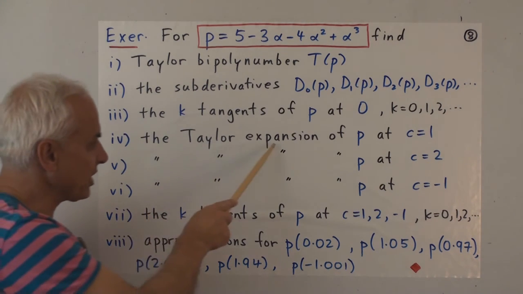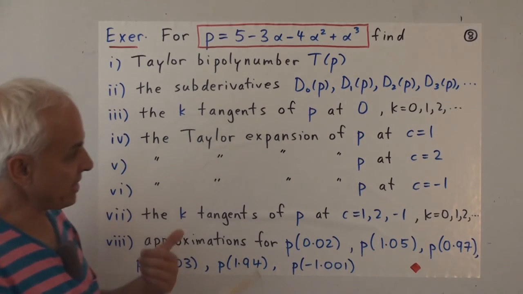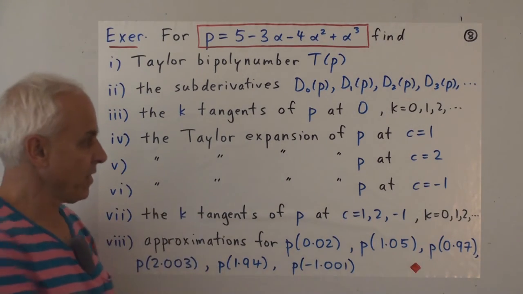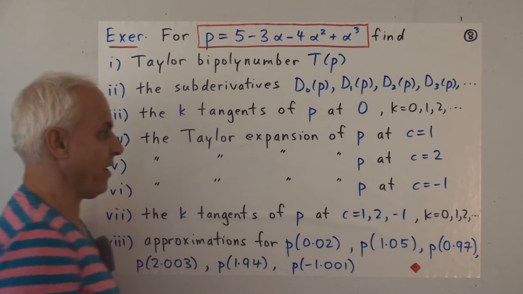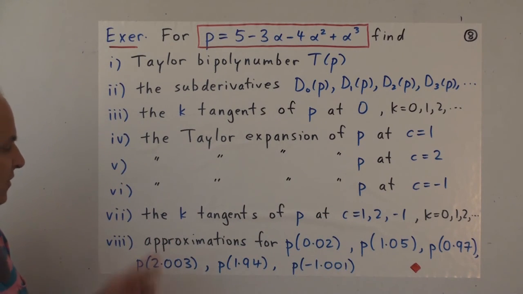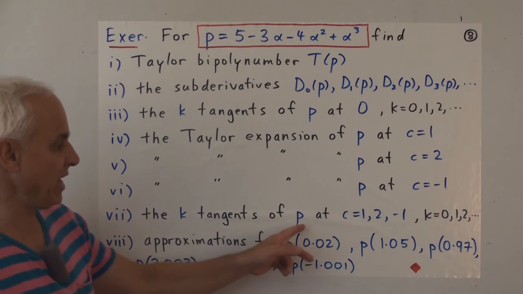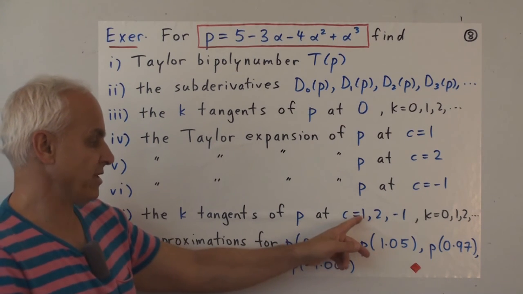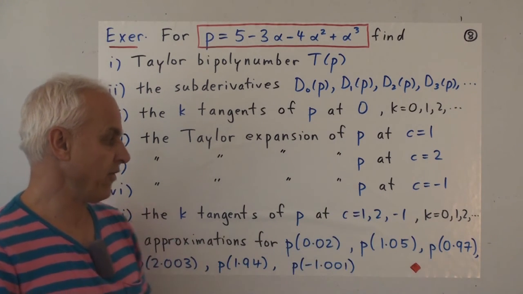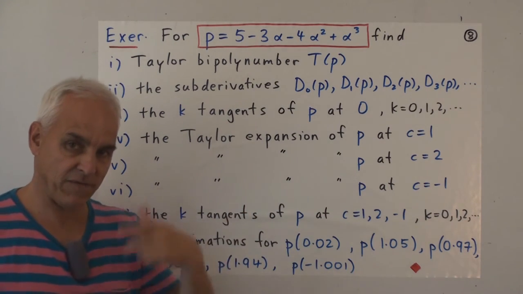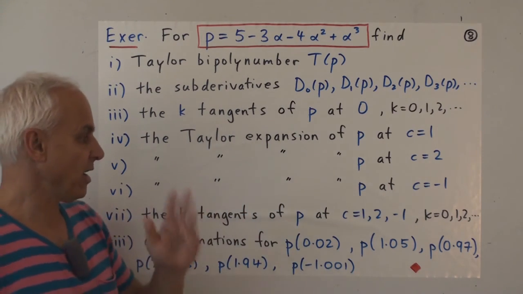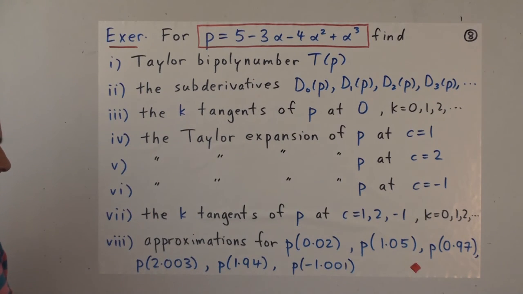Then find the Taylor expansion of P at a number of different points C. At C equals 1, at C equals 2, at C equals minus 1. So find the k tangents of P at C at these 3 points, at C equals 1, 2, at minus 1. So for each one of these points, you'll have a 0th tangent, a first tangent, a second tangent, a third tangent, so on.